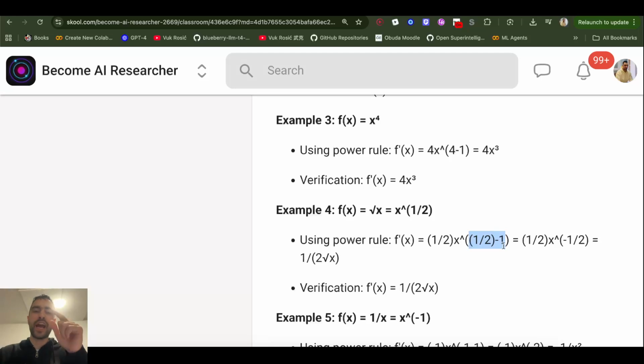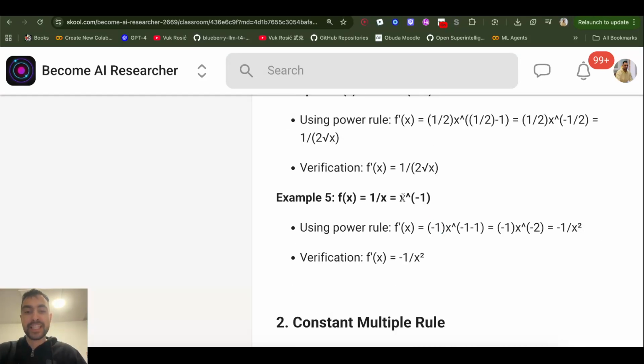So 1/2 minus 1 gives minus 1/2. And if you have x to the power minus 1, you put minus 1 before and subtract 1 from the exponent. This is the exponent, the power. So you will get minus x to the power of minus 2.